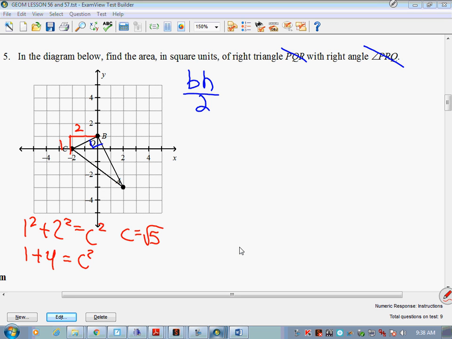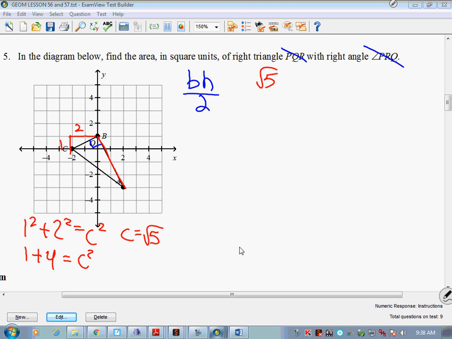So my base is square root of 5. If I'm using CB for my base, what length is going to represent my height if I know that CBA is my right angle? What side is my height? AB. Very good, Matt.